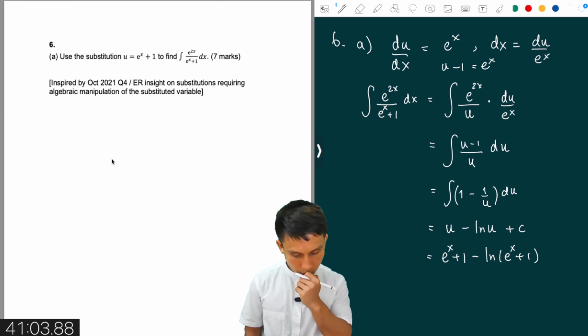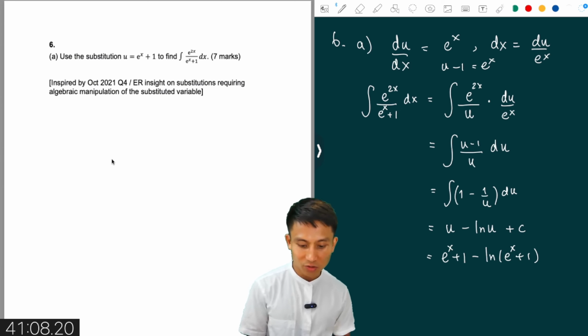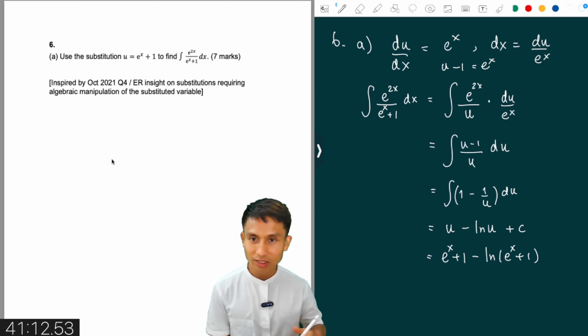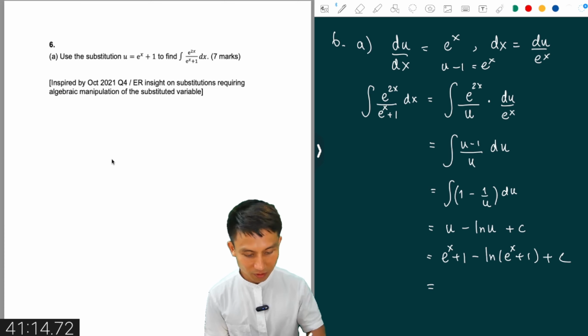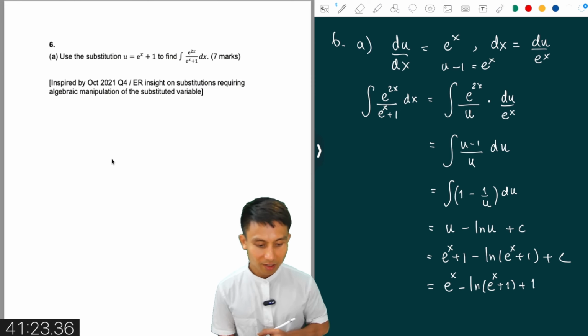Now, we can't simplify this because it's not like we can split the ln into ln e to the x plus ln 1 there. No, that would be wrong. So I'm just going to keep everything like this with the c. So e to the x, and maybe order the degree of variable there. The constant goes to the end.